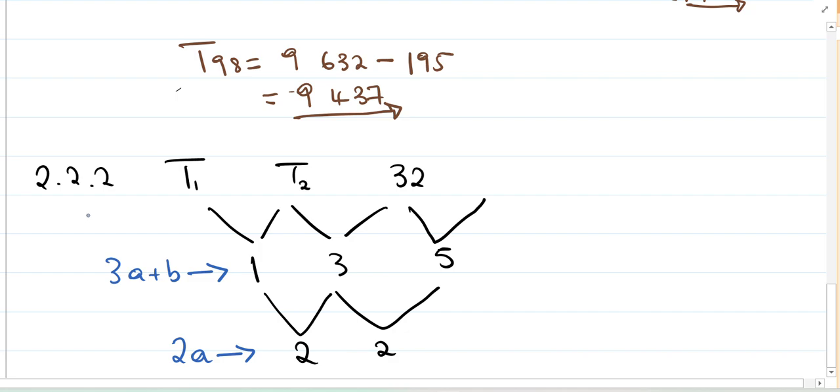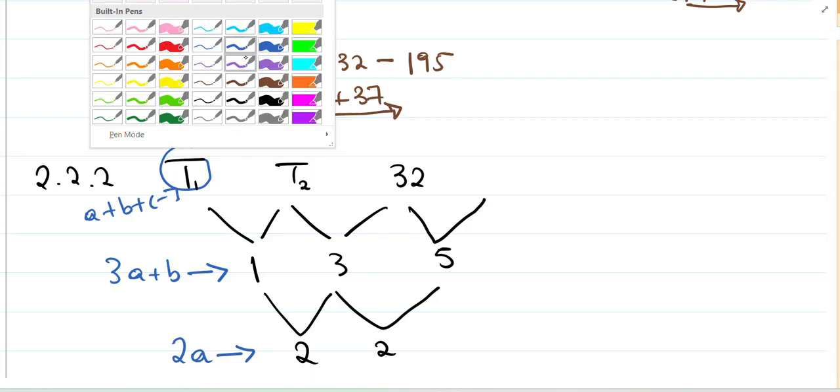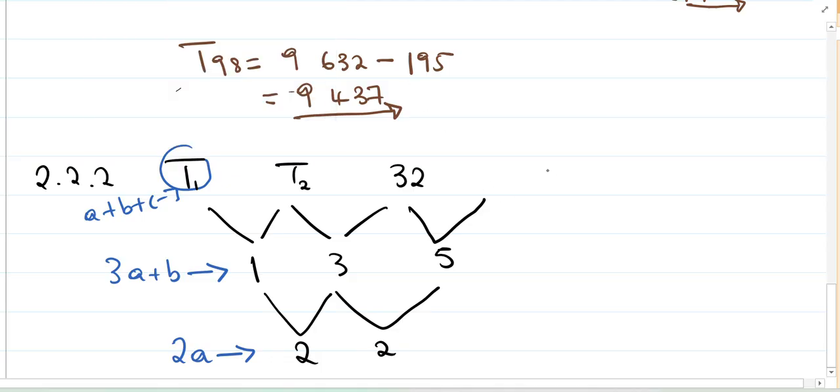And lastly, a plus b plus c will always be equal to the first term. So now let us solve. 2a is equivalent to 2. We solve for a, and our a is 1.